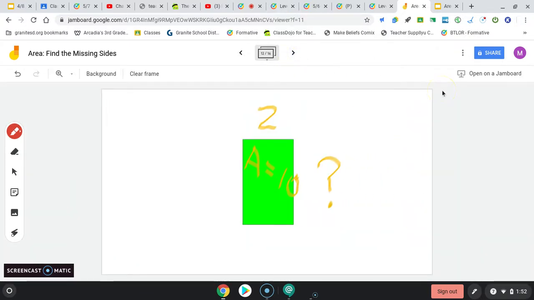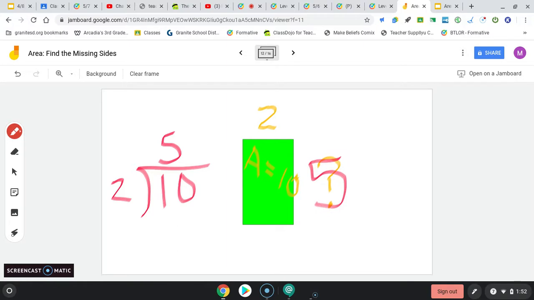Okay, all you got to do, take your area that you know, divide it by your known number, your known side, to give you this unknown side. So 10 divided by 2 would equal 5. Okay, so the missing side would be 5. And that makes sense because 2 times 5 equals 10.